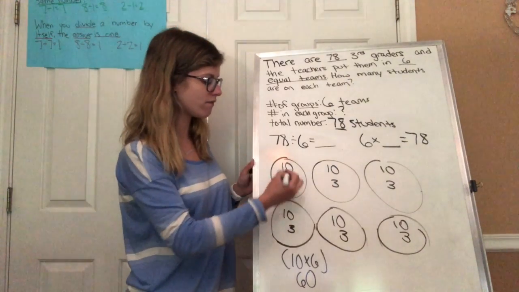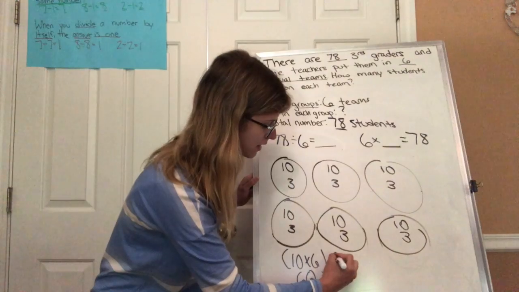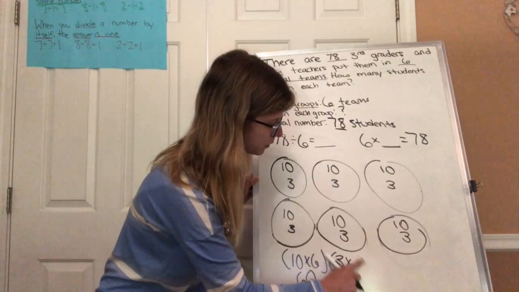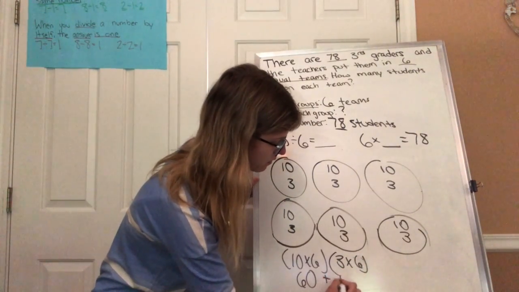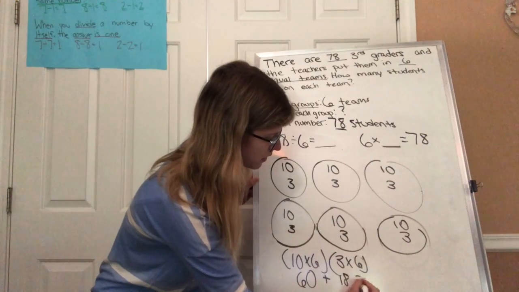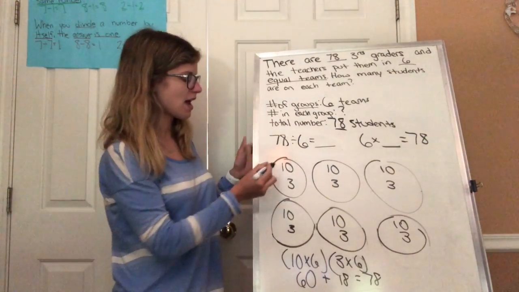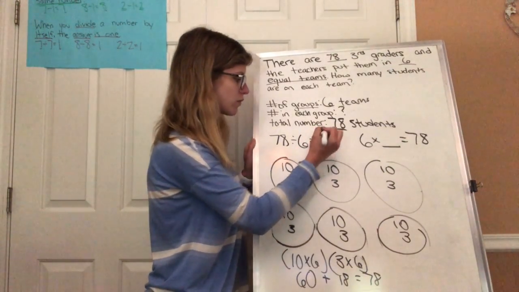So what I just did is I first did 10 6 times, and then I did 3 6 times. And 3 times 6 is 18. So 60 plus 18 is 78. And I also have 13 in each.